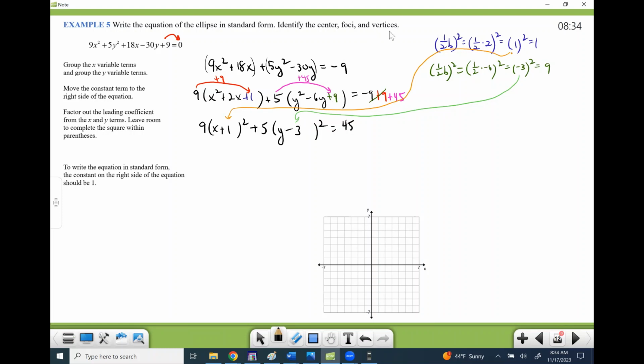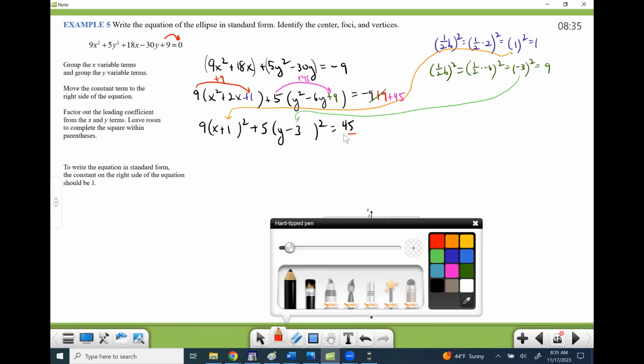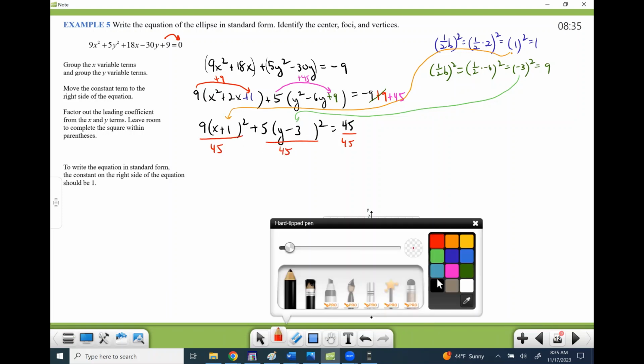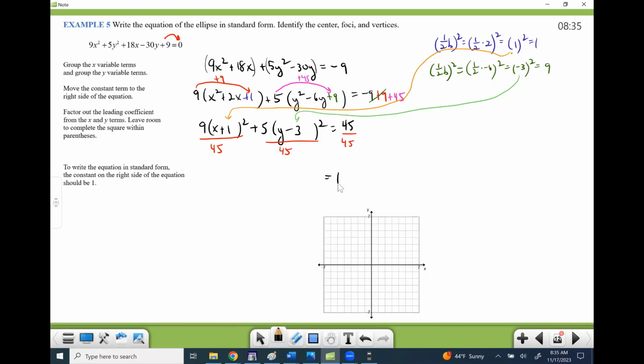And we're almost there. Just don't forget the right-hand side always has to equal 1. So we're going to divide by 45 to everybody, and that's how we get that equals 1. Perfect. All right, now 45: 9 goes into 9 once, 9 goes into 45 5 times, 5 goes into 5 once, 5 goes into 45 9 times.